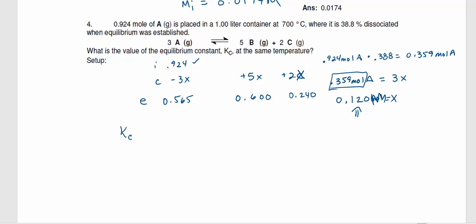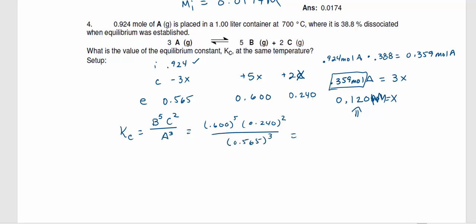So the Kc value is then going to be B raised to the 5th, C squared, over A cubed. So I fill in my values, and I calculate.